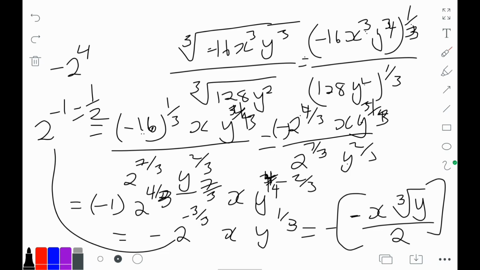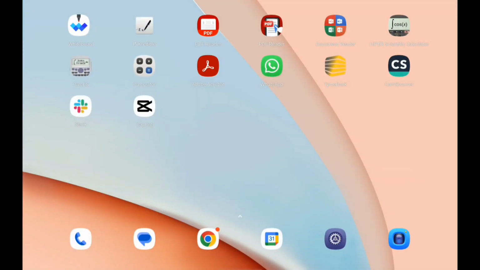So now when it's 4 over 3, we're just going to change it a little bit. Now the answer is going to be negative x cube root of y to the power 2 over 2.